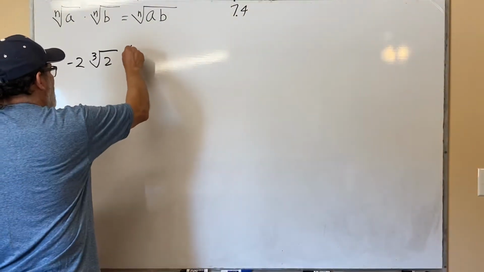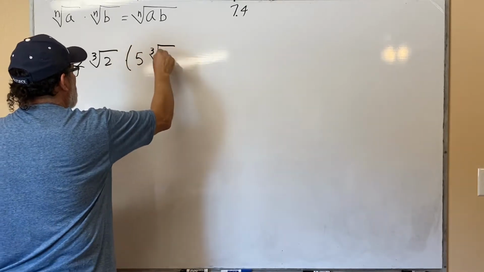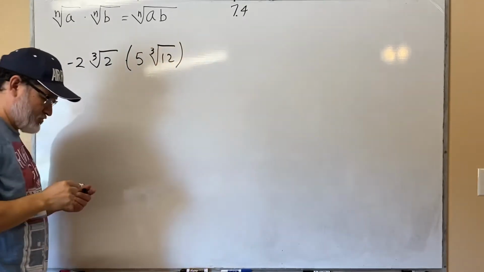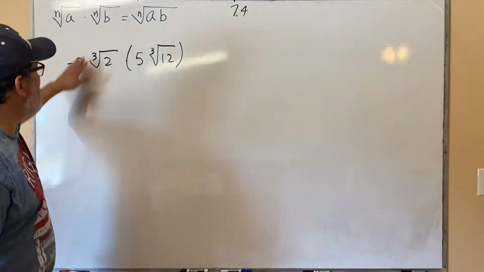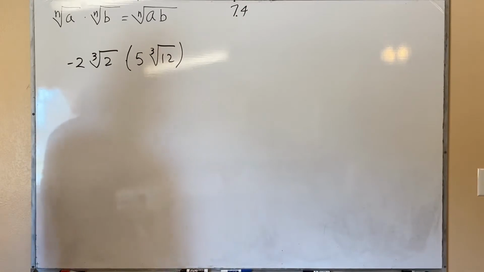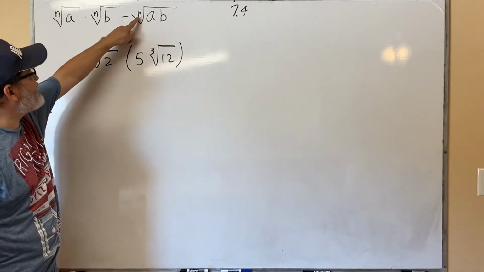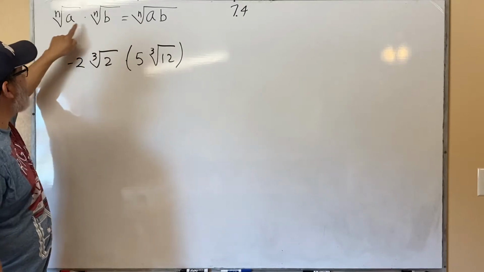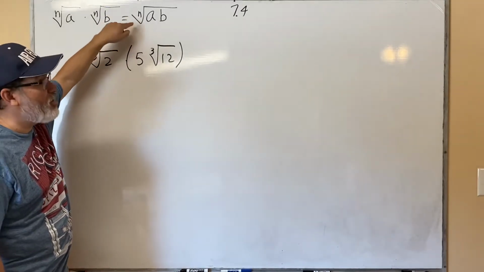We can multiply this by using this property. Note, when you multiply, you keep the same index. You just multiply the radicands under the radical.